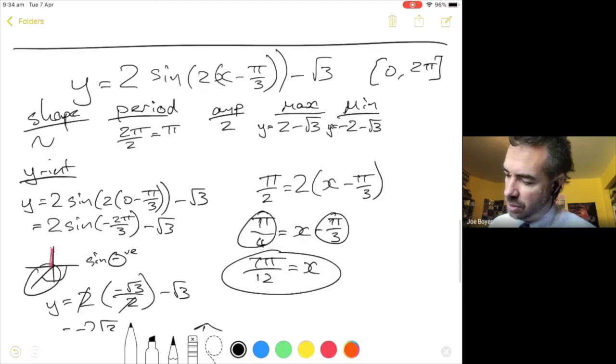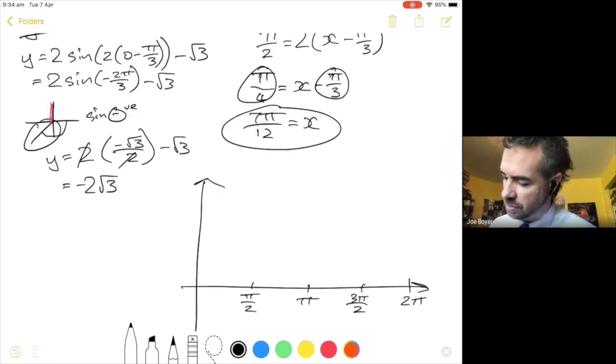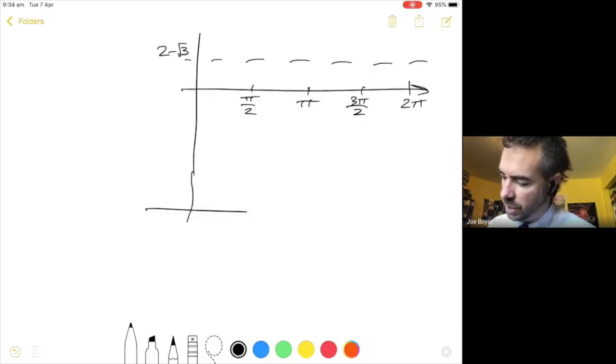Our maximum is going to be 2 minus root 3. Root 3 is a little bit less than 2, so our maximum is not going to be very high off the line. And then our minimum is going to be down here somewhere. That one should have been a dotted line. Negative 2 minus root 3 is down there.